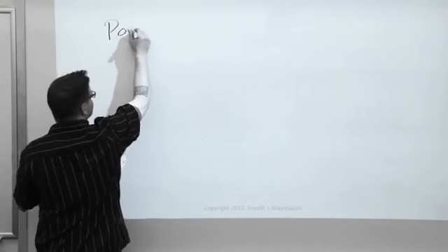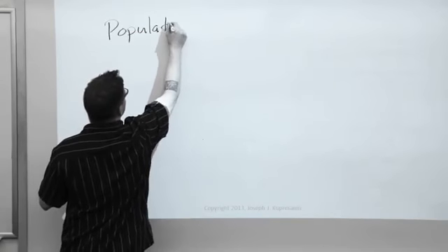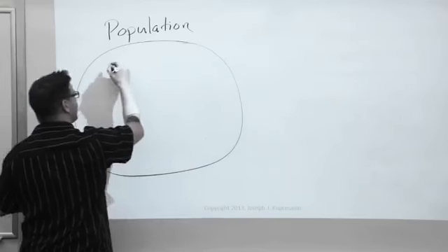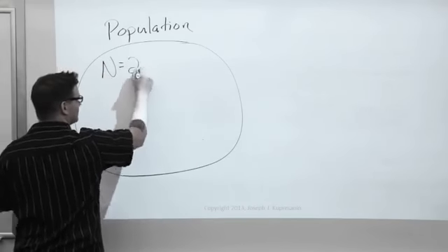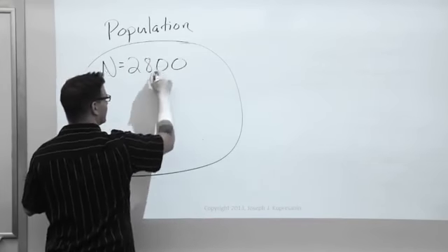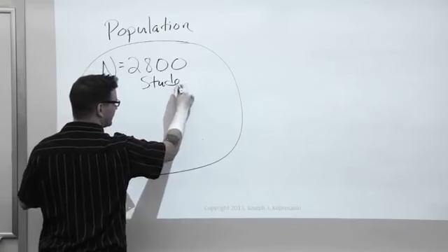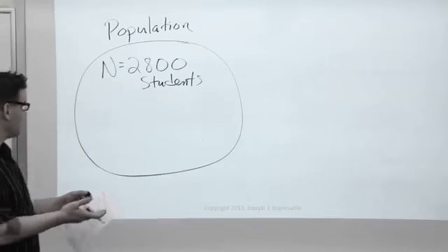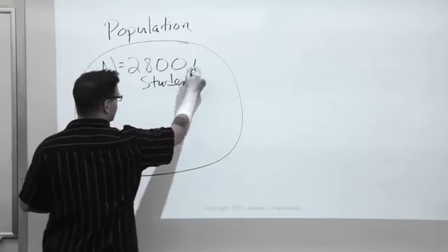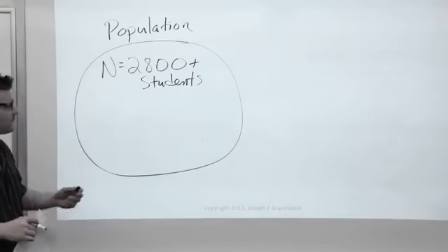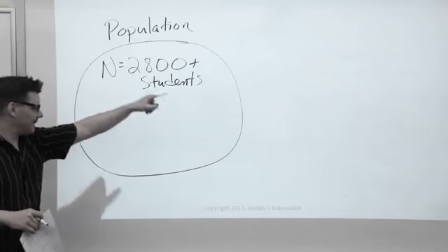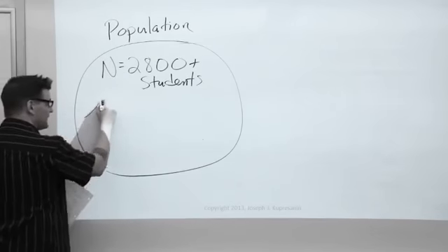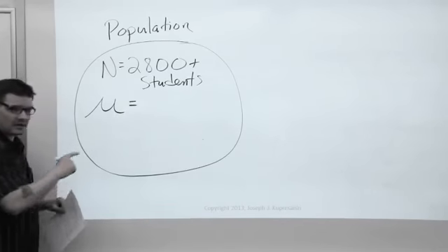Here's my population, and we're talking about the whole Cecil College. At the time of taping, I don't know, 2,800 students, so we'll just say 2,800 plus students. With that whole population, all the students that attend this college, there is a mean credit card debt.